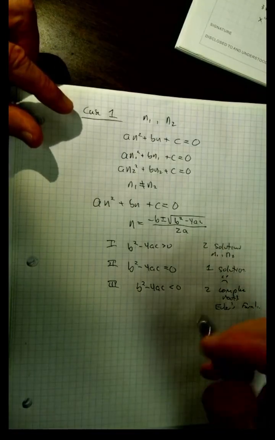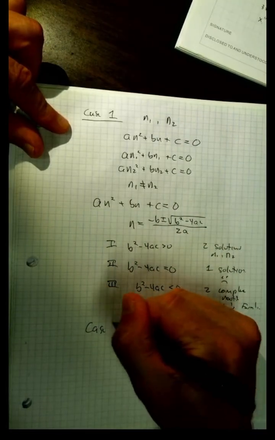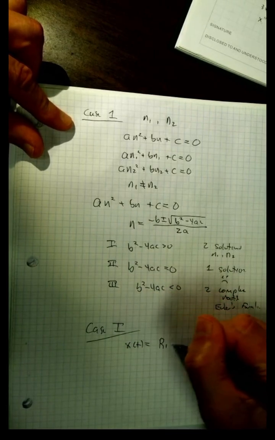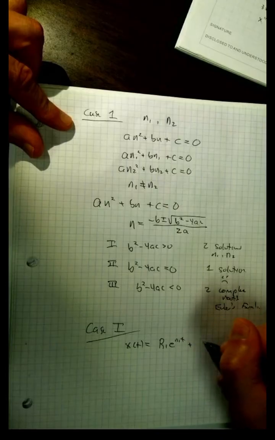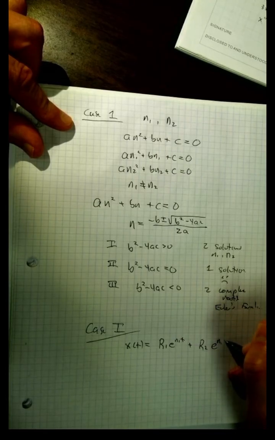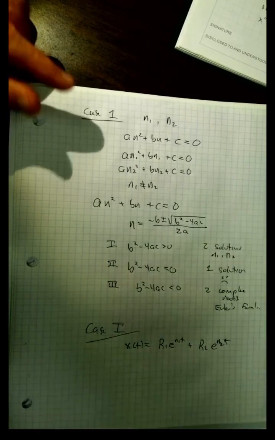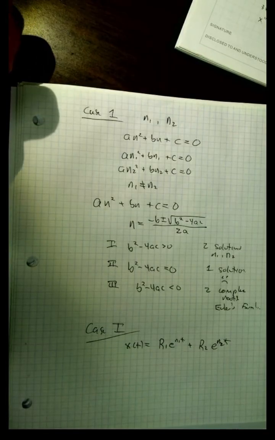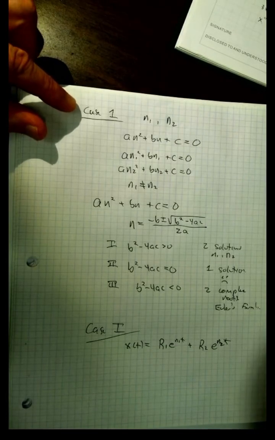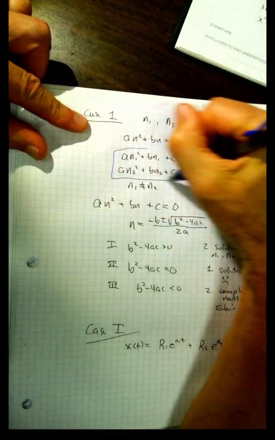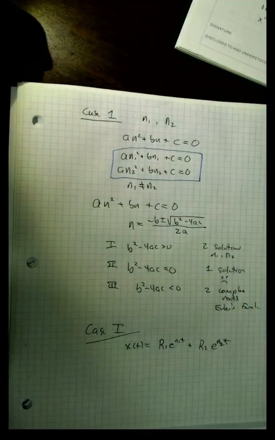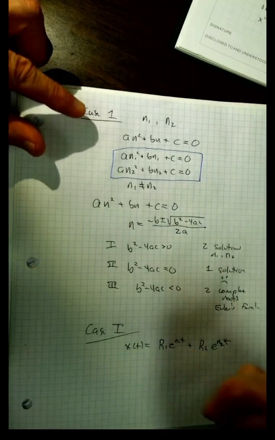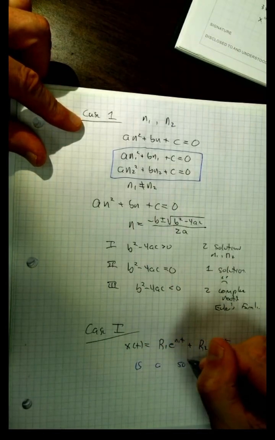All right. So my claim is for case 1, my solution is going to be the sum of those two things, r1 e to the n1t plus r2 e to the n2t. And I'm going to use the fact that they both solve the same quadratic equation to show that this thing is a solution.